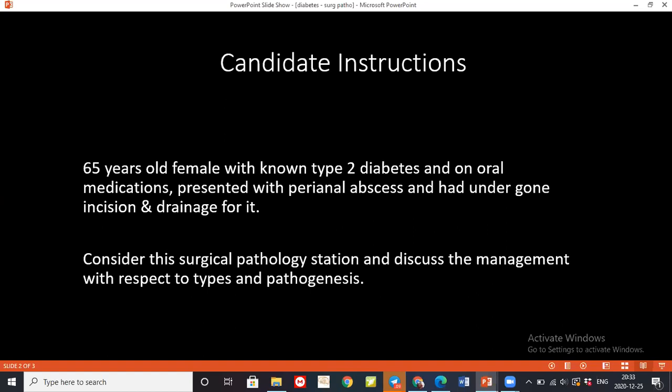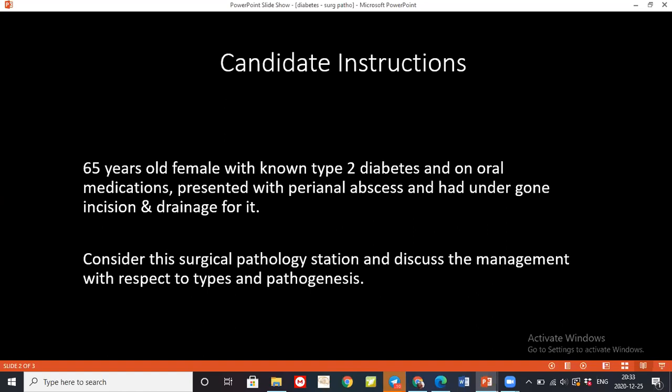The broader category is type 2 diabetes, a relative insulin deficiency, where there is adequate production, but the patient presents with relative insulin resistance to the produced insulin. This category is around 80 to 90% of patients. Okay. This patient has an abscess and is diabetic.